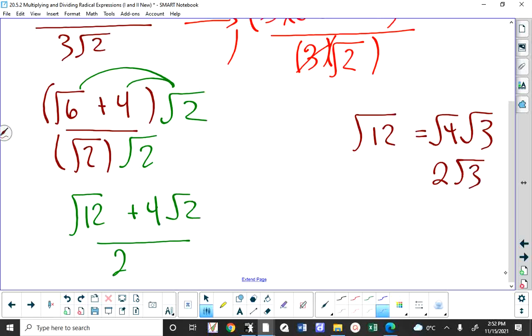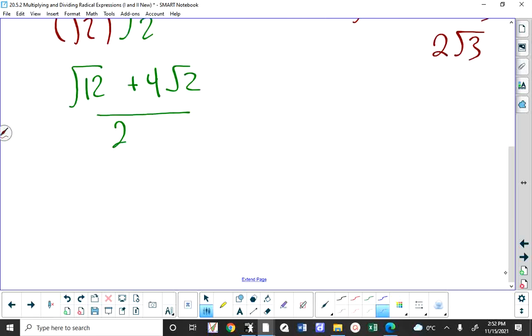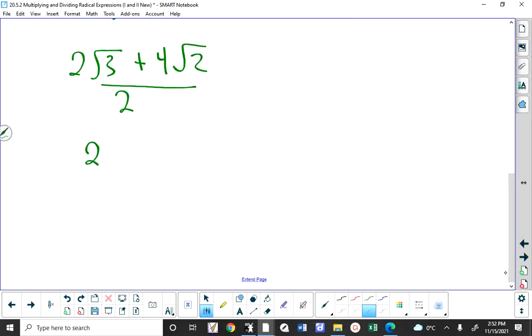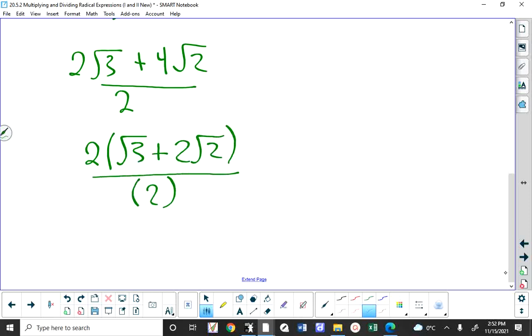So I am going to be writing, instead of root 12, 2 root 3 plus 4 root 2 over 2. And again, I thought we canceled all the coefficients we could, but now we can cancel again, because I can factor a 2 out of the top and be left with root 3 plus 2 root 2 all over 2. 2's cancel. So root 3 plus 2 root 2 is the answer.